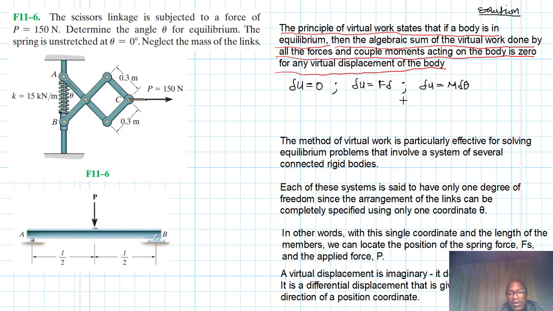If you sum up the total work, the summation of all the work due to the translational forces plus the summation of all the work due to the couple moments is equal to 0. So the summation of the virtual work due to the translational forces and the summation of all the virtual work due to the couple moments is equal to 0.